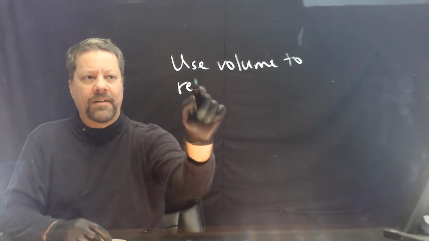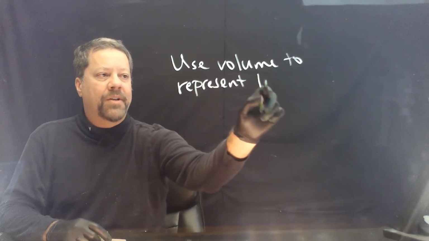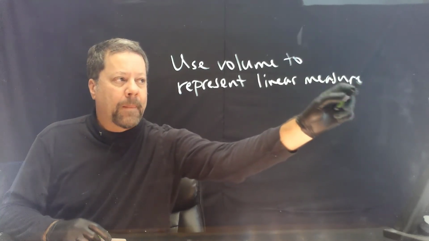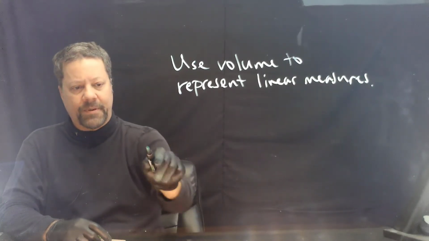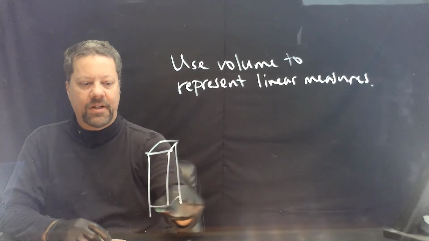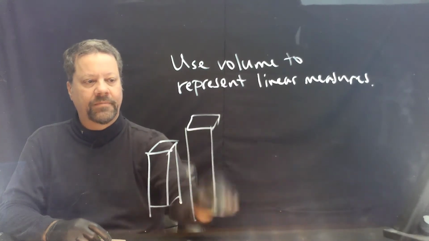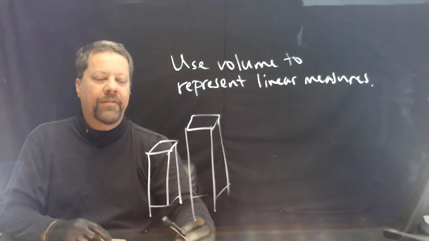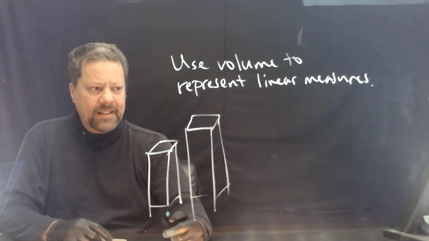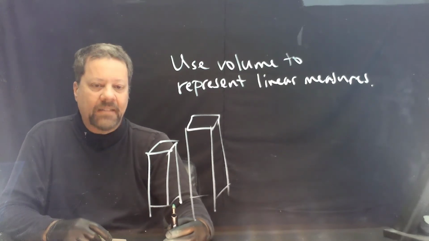Another thing that people do is they use volume to represent linear measures. So for example, it looks kind of cool sometimes to use these charts that have these three-dimensional kind of bars. But if you're using those three-dimensional bars to represent something that has a linear measure, then that's probably not a good way to go.